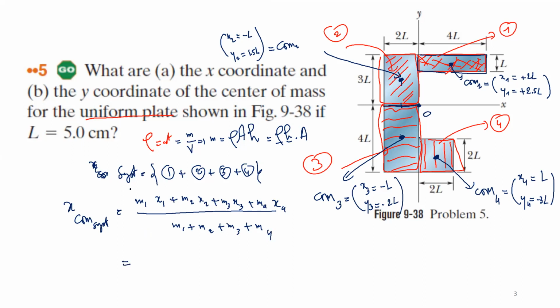Here I will have rho H on the numerator, but in the denominator also I will have rho H. So they will simplify. Okay? So I will end up with area 1 x1 plus area 2 x2 plus area 3 x3 plus area 4 x4 divided by total area.